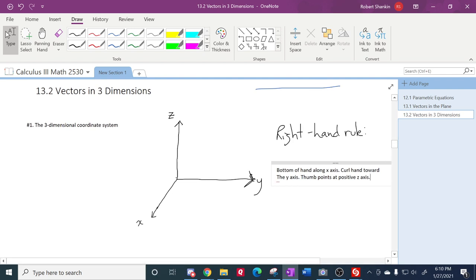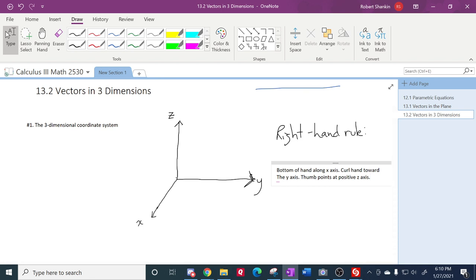We need this kind of rule so that, like, when they make screws, everybody screws and you turn to the right and it screws in instead of screws out when you're using a screwdriver and all this stuff. So this kind of orientation can get everybody with common definitions.